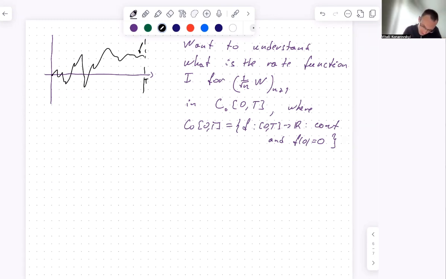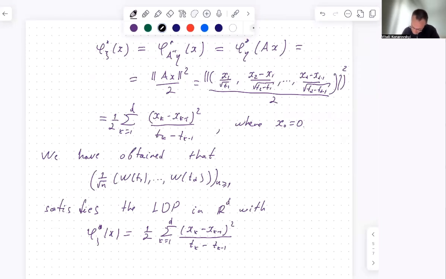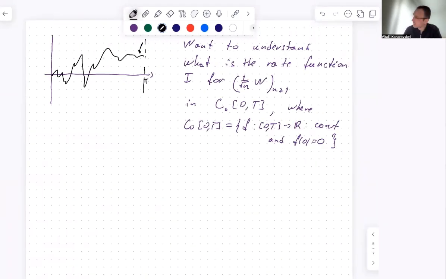Let's note that the previous rate function, which is written here, we can rewrite as follows. What we did before, we fixed some times t1, t2, t3, and so on, and then we considered our Brownian motion at those times. Therefore x1 is the value f of t1, x2 is f of t2, and so on.